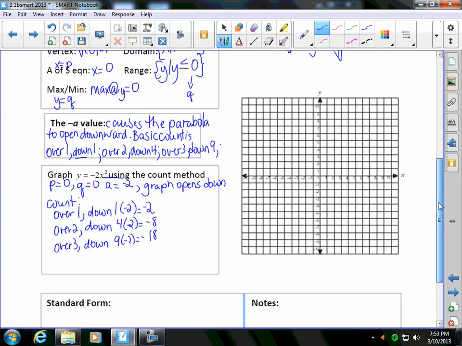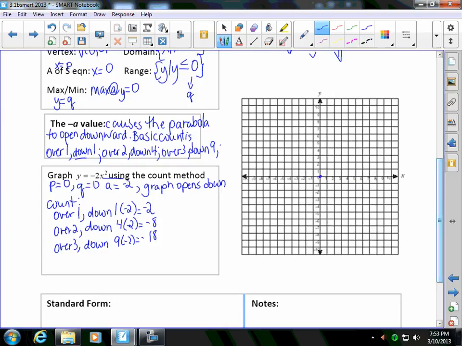So when you do your graphing, you go from your vertex, 0, 0, and then start your count from there. So we went over 1, down 2. Sorry, this one's a 2. Over 1, down 2. And then back over 1, down 2. Back to the vertex, over 2, down 8, and the same on the other side.